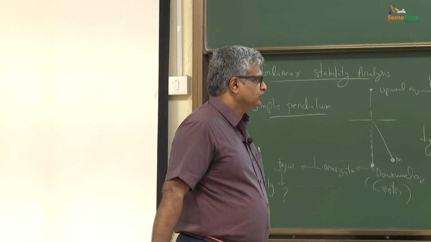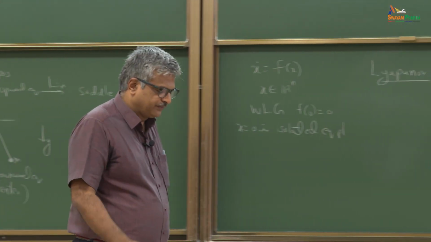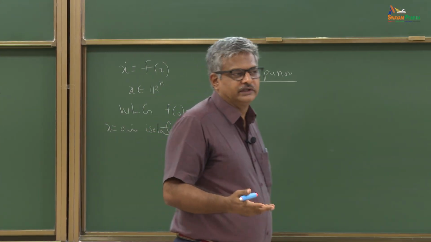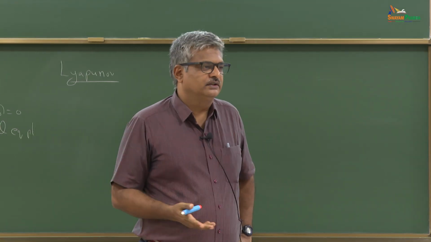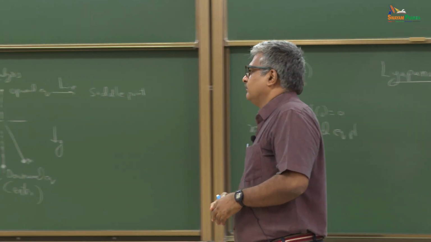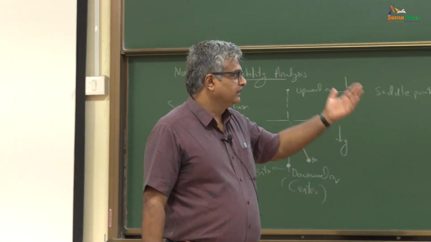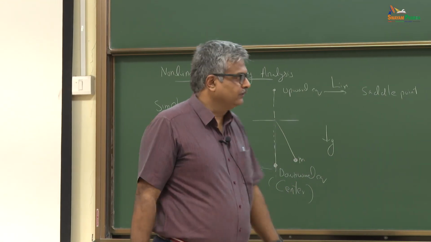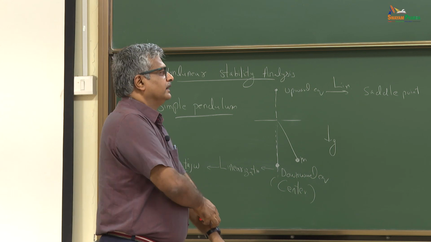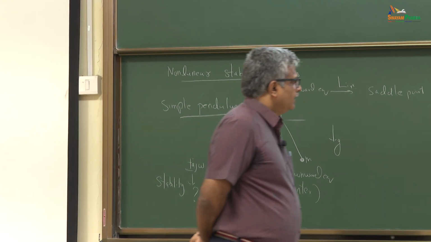I did talk about an important concept called the positive invariance of a set. You will see that here also, and I would say control would not have been what it is today if not for Lyapunov. So that is how it has influenced control theory so much, right?